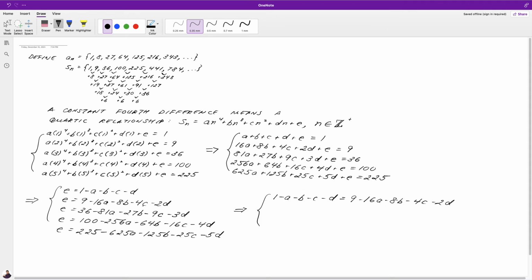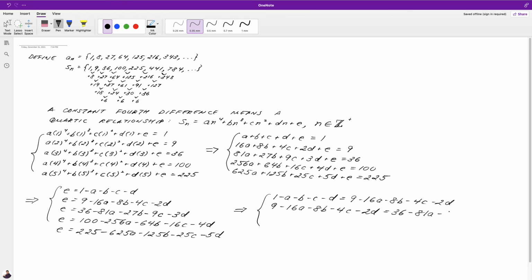Okay, we can set the second equal to the third. That's going to give us 9 minus 16a minus 8b minus 4c minus 2d is equal to 36 minus 81a minus 27b minus 9c minus 3d.